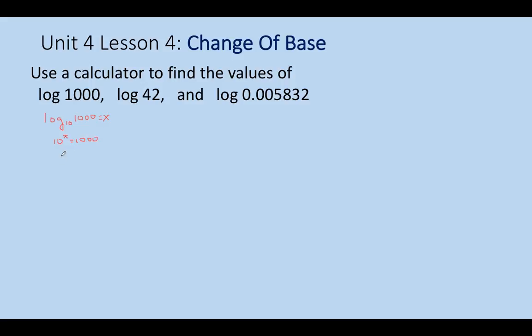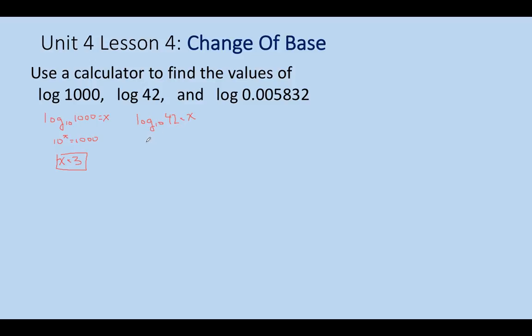Well, you can do this one in your head. 10 to the third is 1,000. And so when you press log of 1,000 on your calculator, that's why you wind up getting 3.